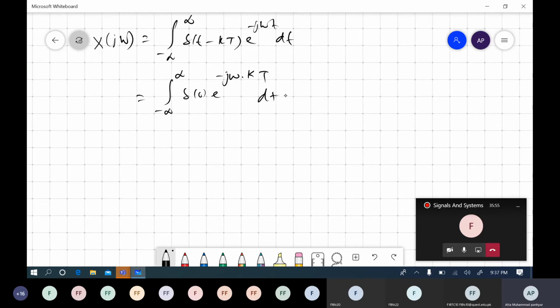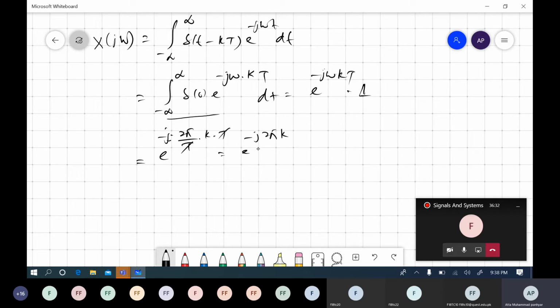Now this kT is a constant, and the area of the impulse is 1. So the total output must be e to the power minus j omega kT, and if I write the value of omega as 2 pi by T, times kT, T cancels. What we get is e to the power minus j 2 pi k.